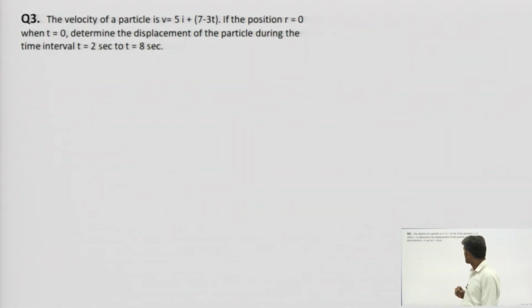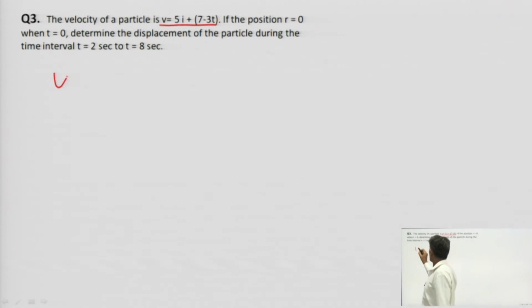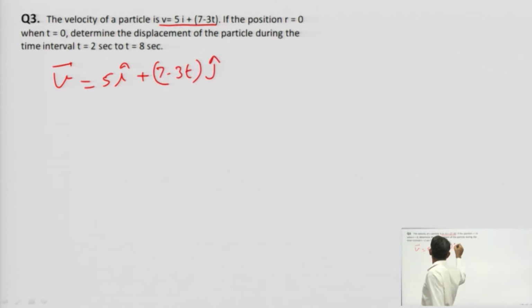So let us do one more and last question of this curvilinear motion. The velocity of a particle is given as v equal to 5 i cap plus (7 minus 3t) j cap.